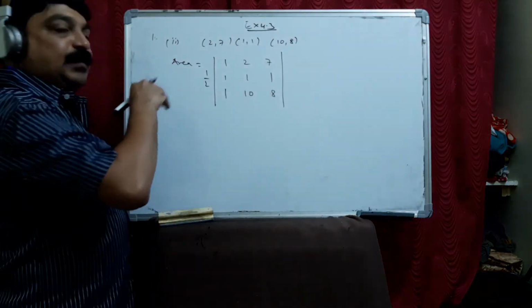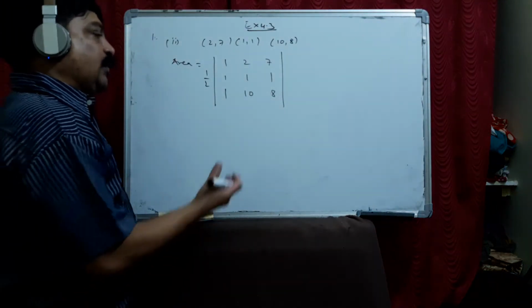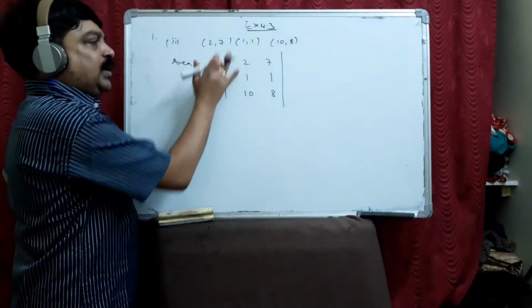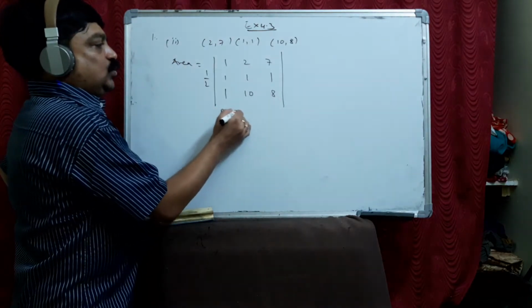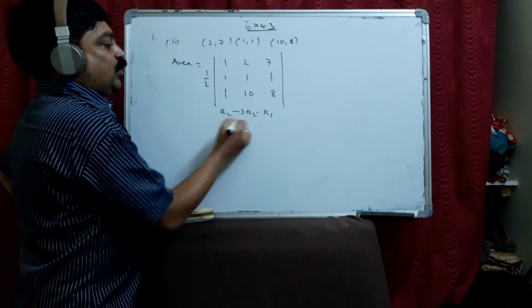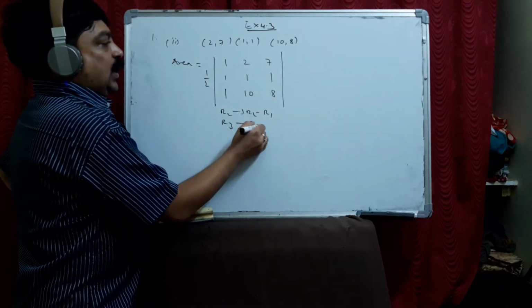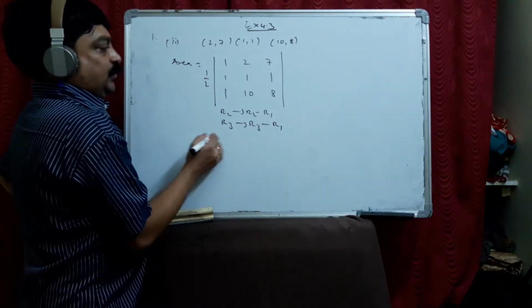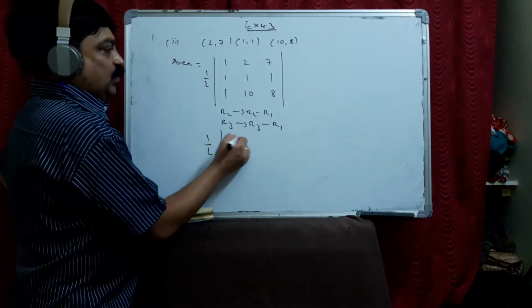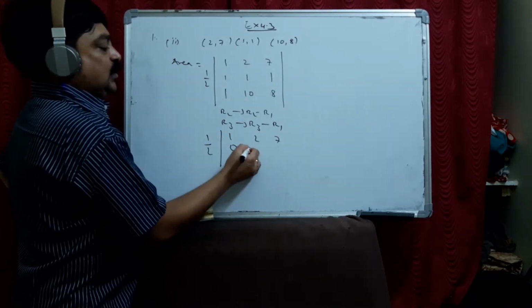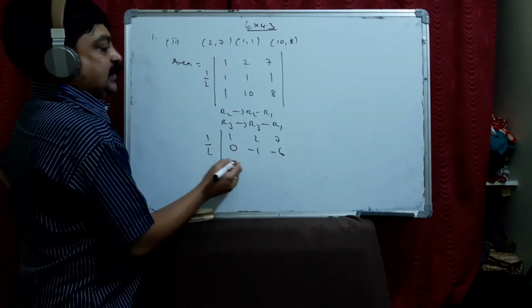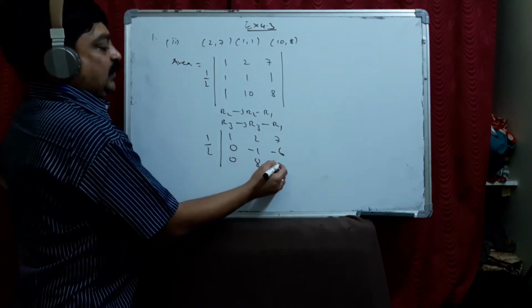You can expand directly, or otherwise you can apply the properties, making 2 zeros: R2 becomes R2 minus R1, R3 becomes R3 minus R1, so that it will be easy for us. 1 2 7, 0 minus 1 minus 6, 0 8 1.